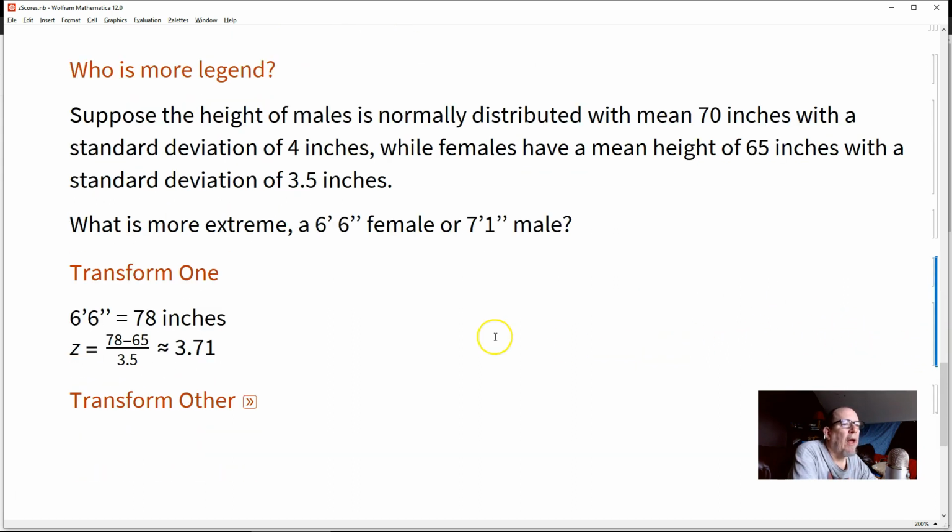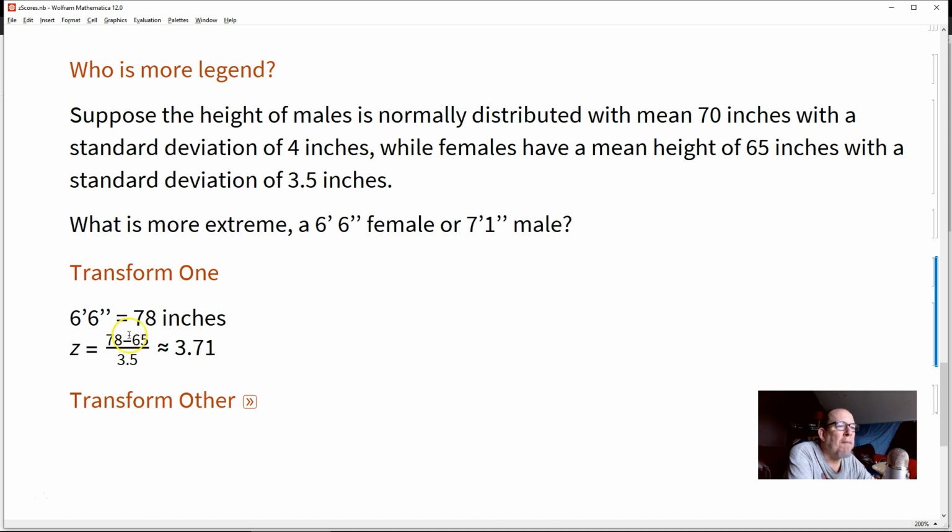So how do I do that? Well, here I take the 6'6" and translate it into inches. So that's 78 inches. And I hope I did the math on that right. If I didn't, y'all can laugh about that later. So it's 6 times 12 is 72, plus 6 is 78. Okay, now the z-score. So I translate that value.